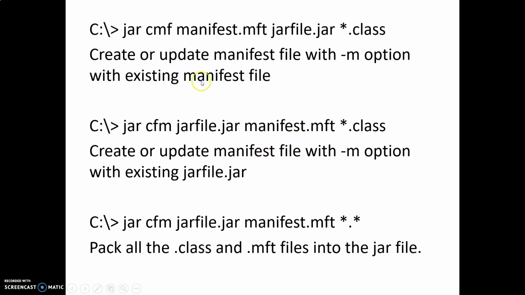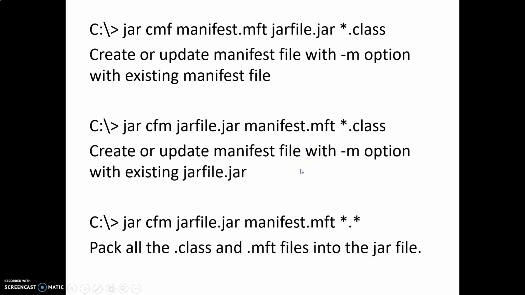Similarly we have one more command, jar cmf, c for create, m for manifest and f for file, manifest.mft is being created and jarfile.jar Start.class. With the -m option we are trying to work with the existing manifest file. If the manifest file does not exist, then we are updating or creating the manifest file. This is going to create a manifest file.